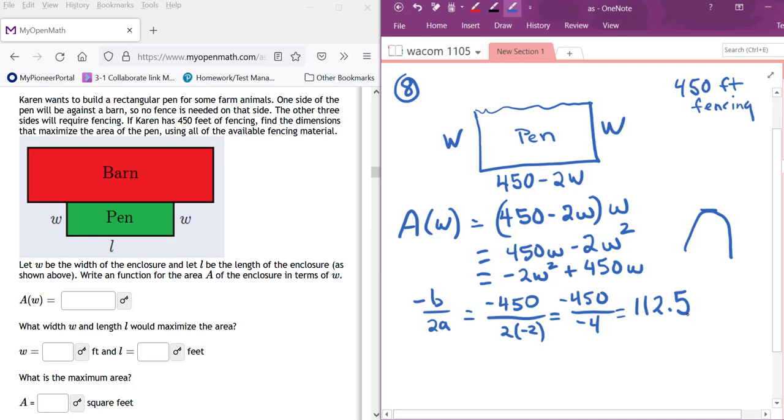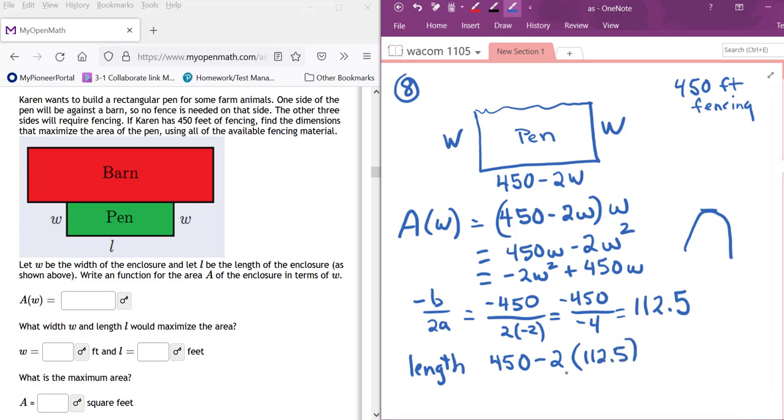For the length, I think the easiest thing is just to plug into this one the value that you found. So length is 450 minus 2 times 112.5. And we will multiply before we subtract.